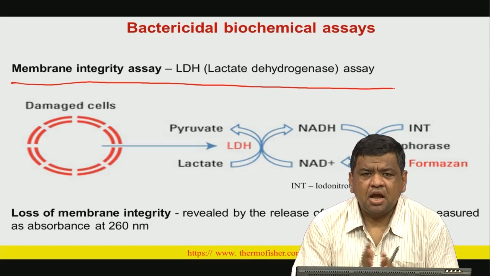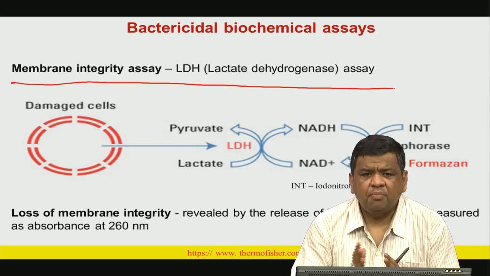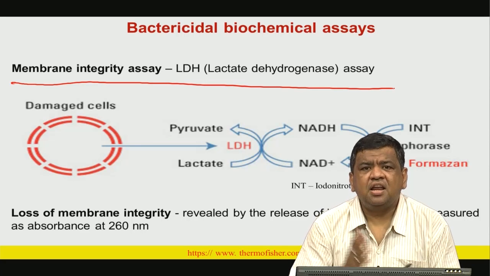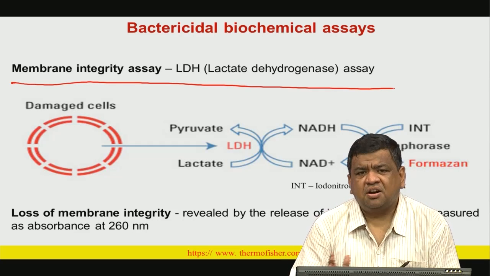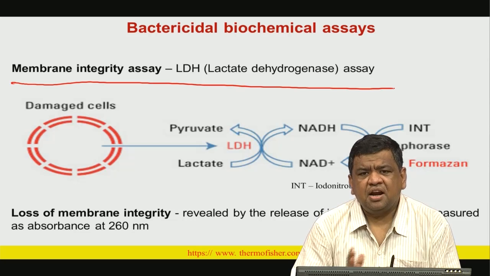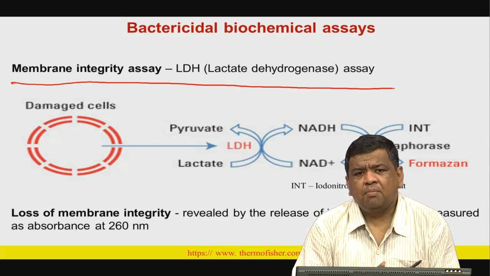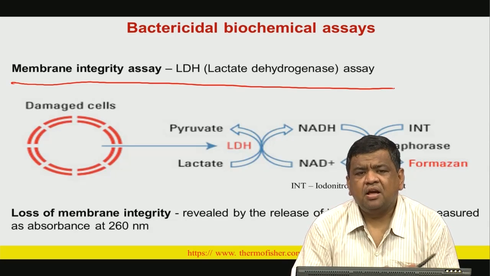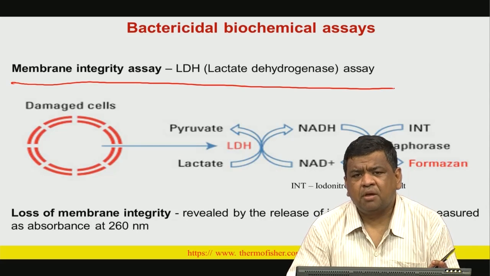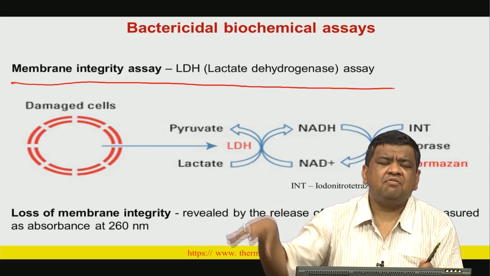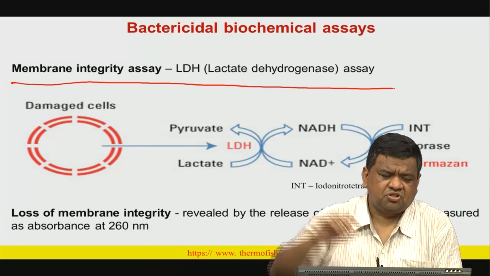For example, the MTT assay will tell you what fraction of the cells are viable, and the LDH assay will tell you how many cells are dead. So, MTT and LDH assays need to be done in a complementary manner to quantify what fraction of the cells growing on a material substrate is alive and what fraction is dead.